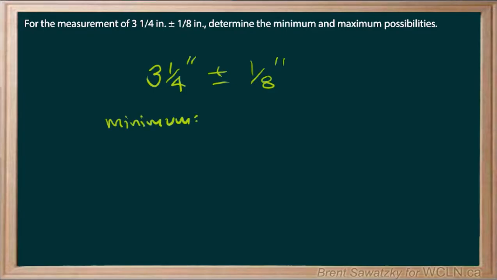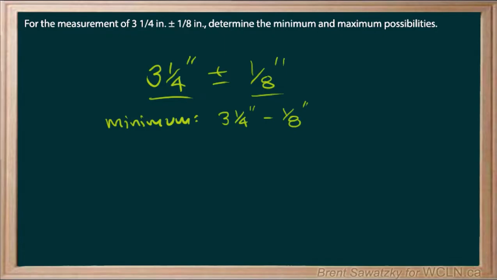So let's look at the minimum here. All right, so the minimum is going to be our goal value or our measured value minus that uncertainty. So 3¼ inch minus 1/8 of an inch.